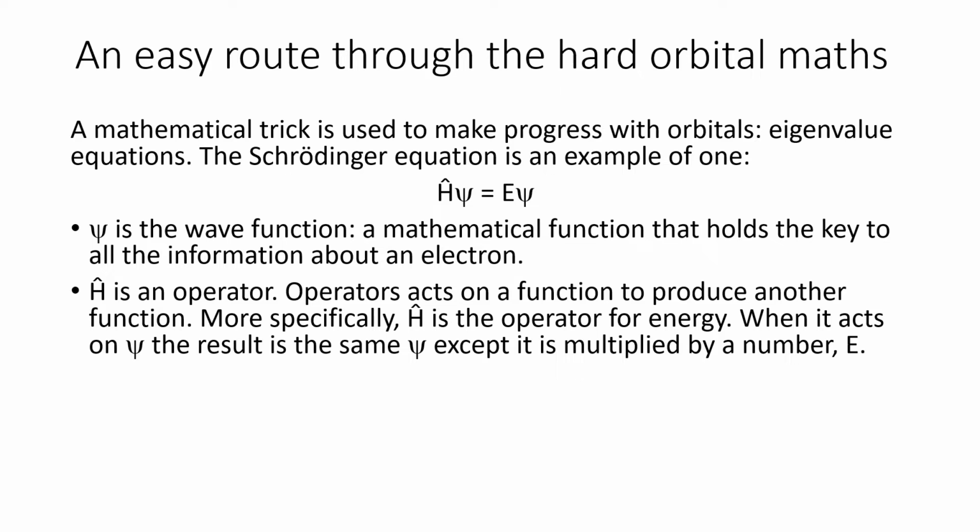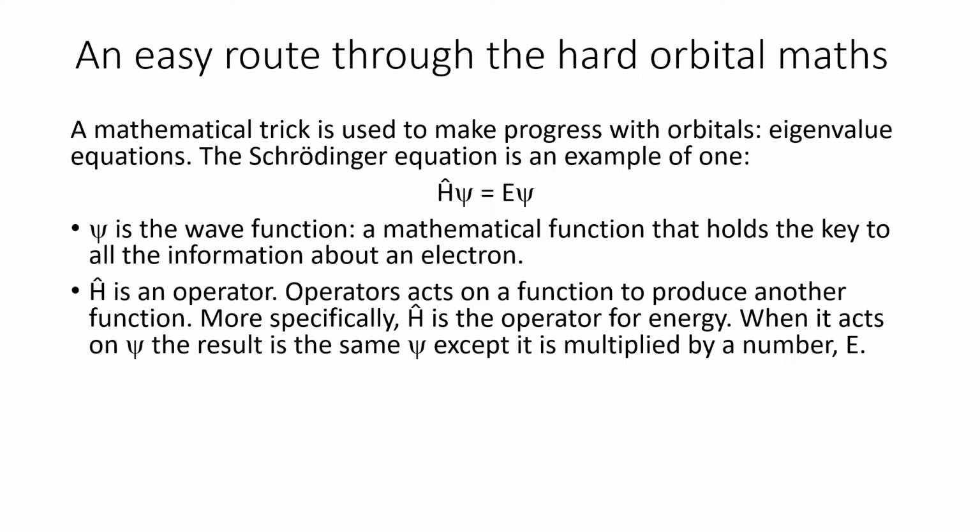Normally, with a function, you feed it a number and it generates a different number. But with an operator, you give it a function and it generates another function. For example, differentiate with respect to x could be an operator for a function of x. It would act on that function, you differentiate it with respect to x and generate a new function.